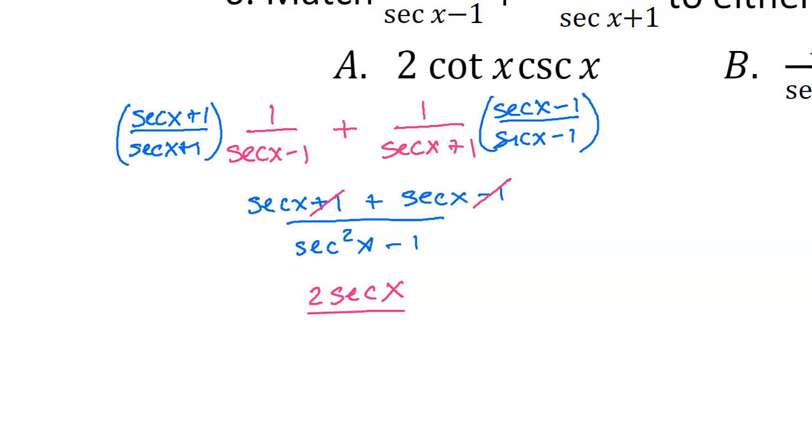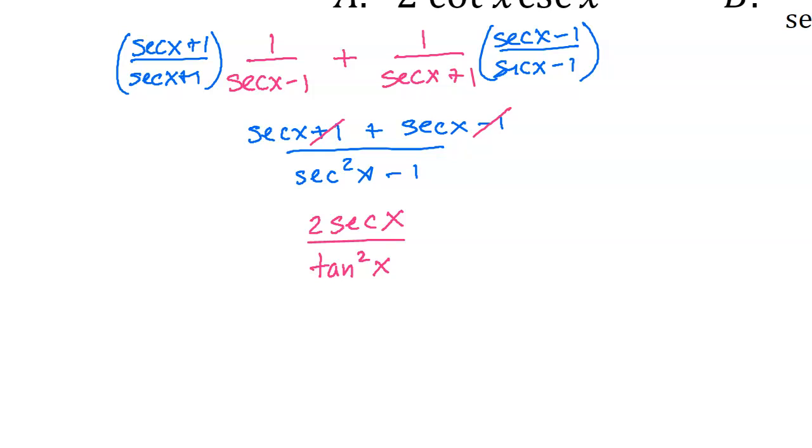The Pythagorean identity. What is secant squared x minus 1 equivalent to? Yes, tangent squared of x.